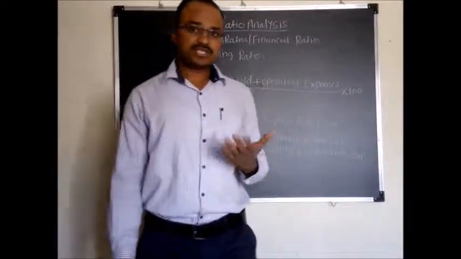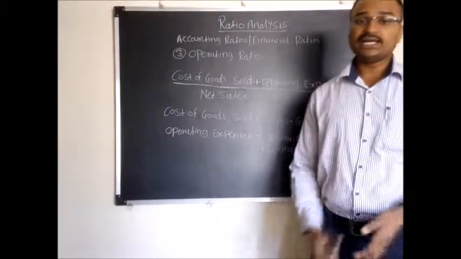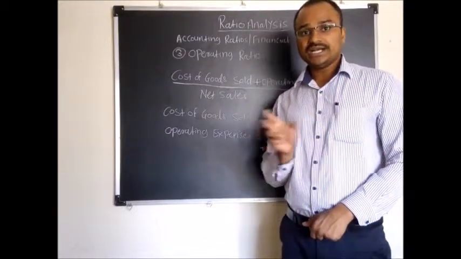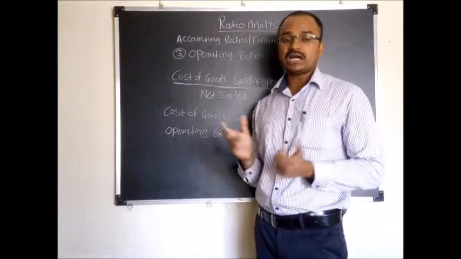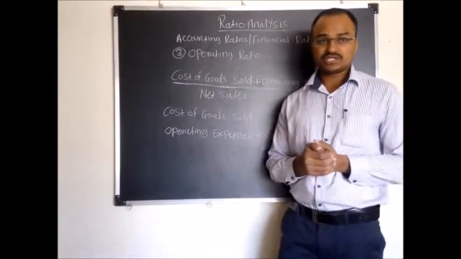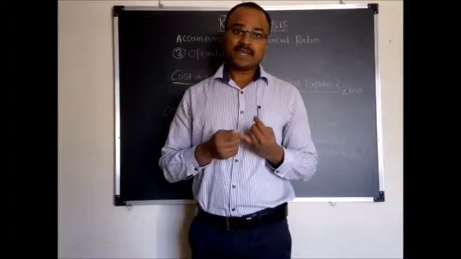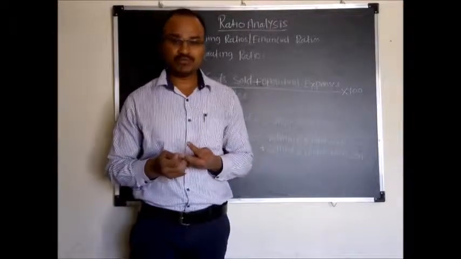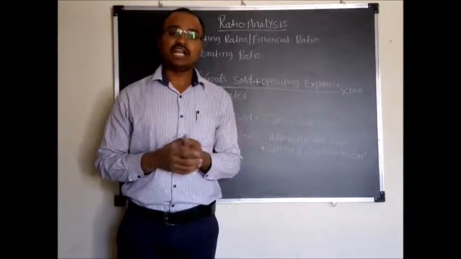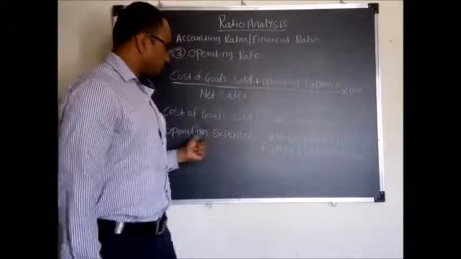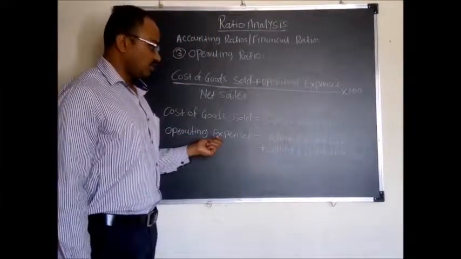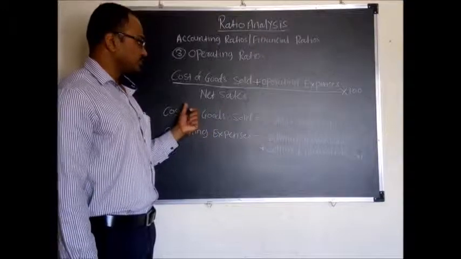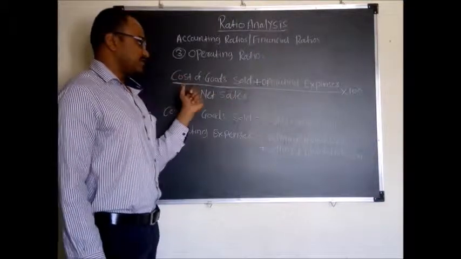Non-operating expenses are those expenses which are not related to the operating activities, the day-to-day activities, of the business. Examples are interest, which is a financial cost, or loss on sale of fixed assets, etc. To calculate operating expenses, you have to add administrative expenses and selling and distribution expenses.